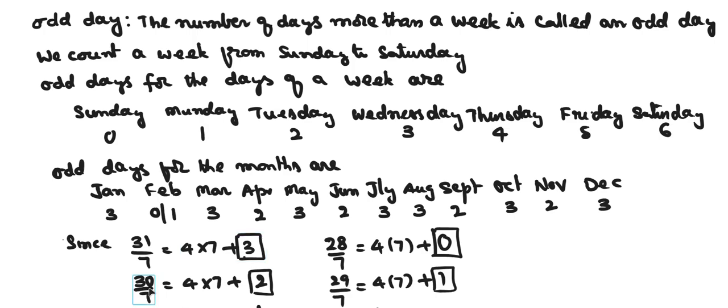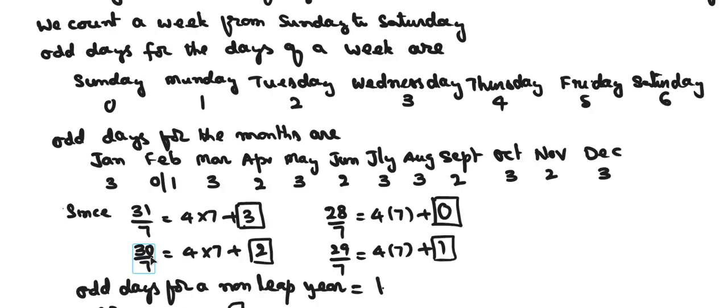In a month which contains 30 days, we have 2 odd days, because 30 divided by 7 is equal to 4 into 7 plus 2. So there are 2 extra days which are more than a week. Therefore 2 odd days for a month which contains 30 days.